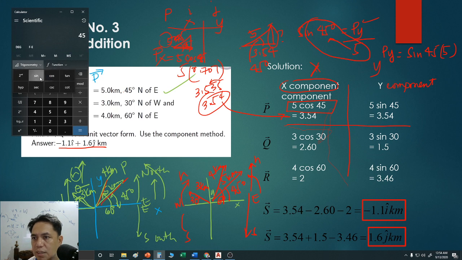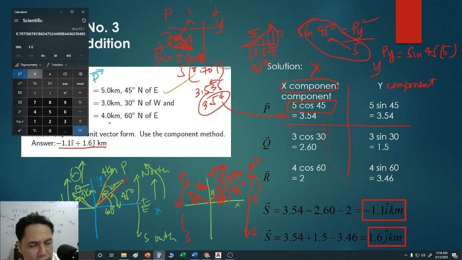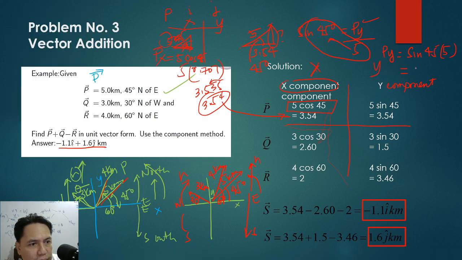Okay, sine 45 is 0.707 because they are in 45 degrees. Remember, at 45 degrees, the sine and cosine are the same, 1:1, because 45 is half of 90 degrees, and sine 90 degrees is 1.